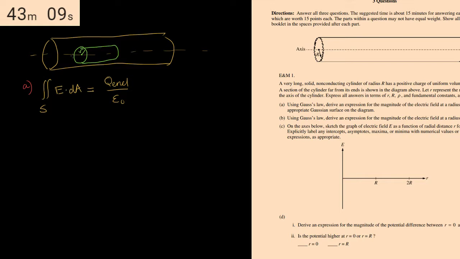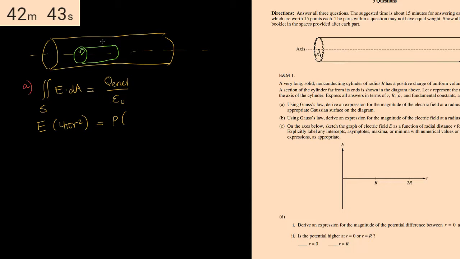The electric field here is constant, so we can rewrite this as just the electric field at that value. And the total surface area, which is this term over S, is going to be the surface area of the cylinder, 4 pi r squared. Q enclosed is the enclosed charge. Because we have a uniform volume density rho, this is just going to end up being rho times the ratio of this cylinder as opposed to the large cylinder.